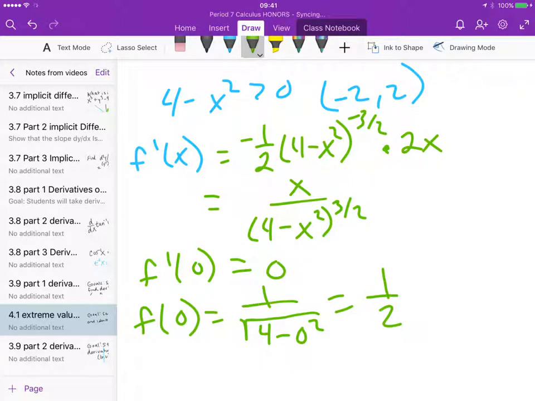So we have to see a little bit as to what's happening around the point at 0, okay? As x moves away from 0, either on the left or the right side, what's happening? Well, the denominator is getting smaller as I get bigger than 0 or less than 0.